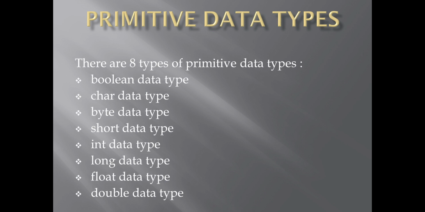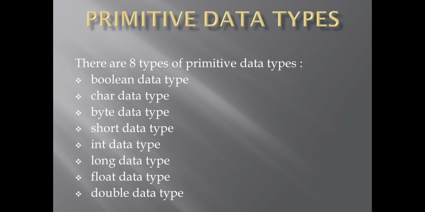Then we have 4 data types in a row: byte, short, int, and long. All 4 are used to store integer numbers, but the difference between them is the size of the bits allocated in memory for each one. Byte is 8-bit, short is 16, int is 32-bit, and finally long is 64 bits.